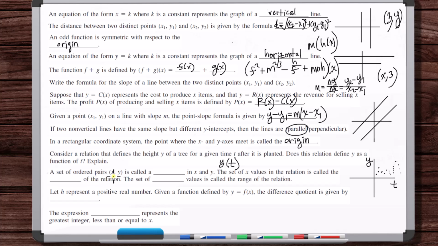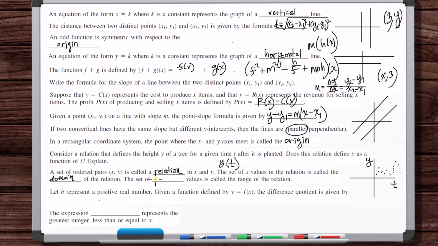A set of ordered pairs x, y is called a blank in x and y, a relation. And it's not just ordered pairs, it's any input that's mapped to an output. Right? So even if you had multiple inputs and multiple outputs, it's some mapping from an input to an output. That's a relation. The set of x values in the relation is called the domain of the relation.